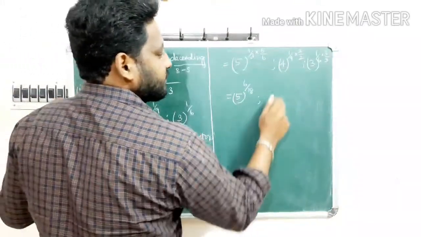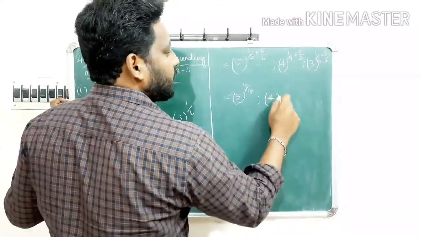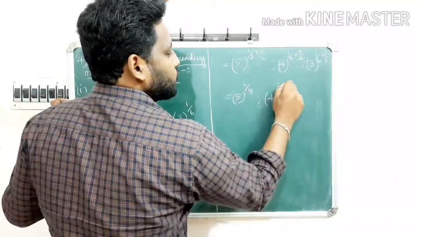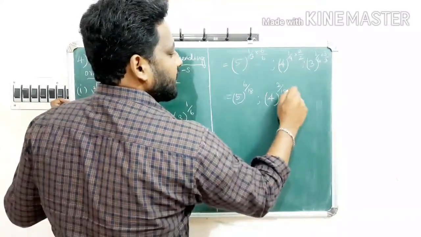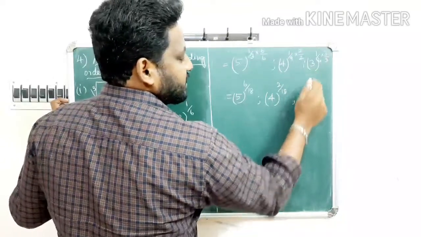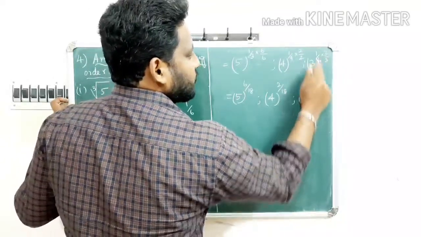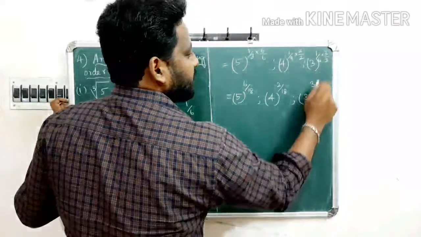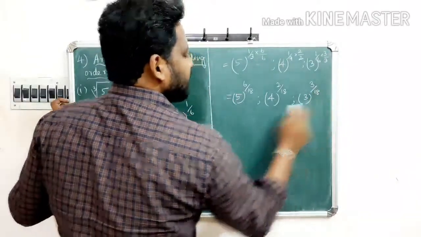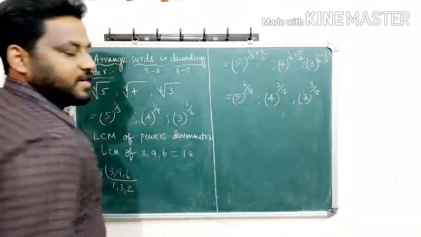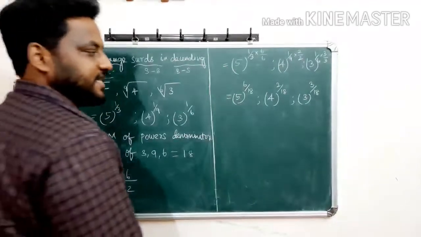Next, 4 power 1 into 2 is 2 over 9 into 2 is 18. And the last, 3 power 1 into 3 is 3 over 6 into 3 is 18. Now look at the denominators: all are the same, 18.